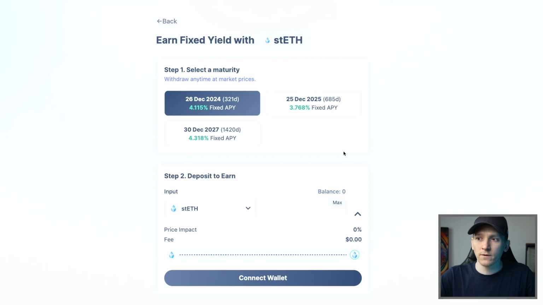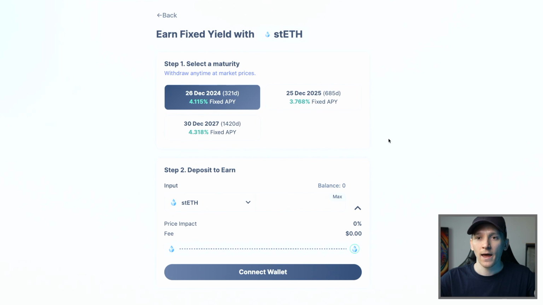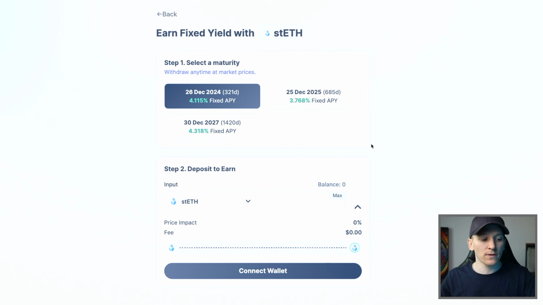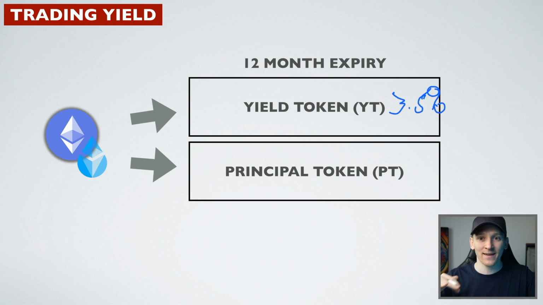And so what we can do here is actually deposit into here and then get this fixed income. The way that the fixed income works and that we know it's fixed is via actually trading the principal token at a discount.